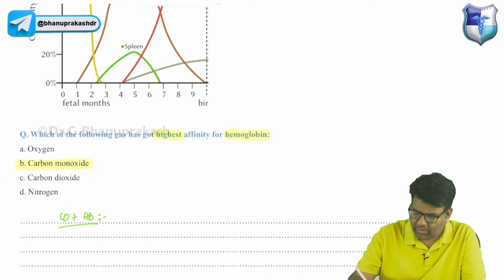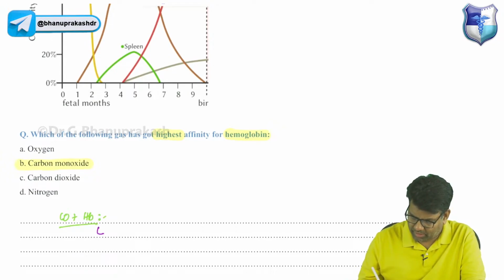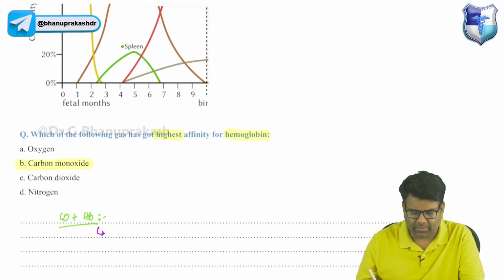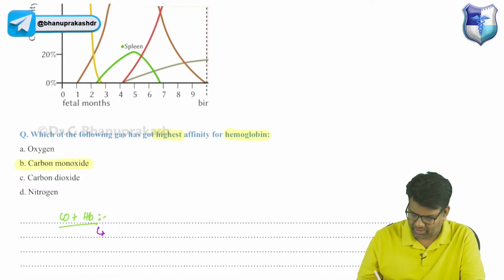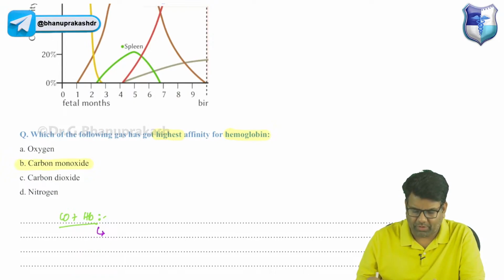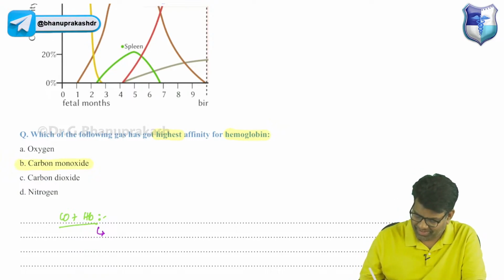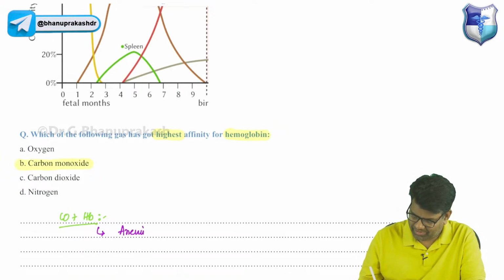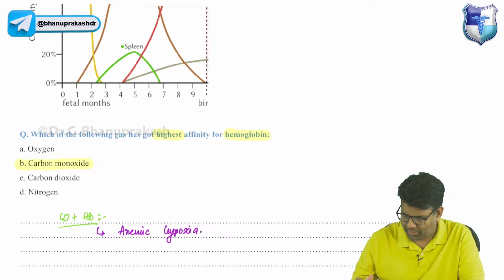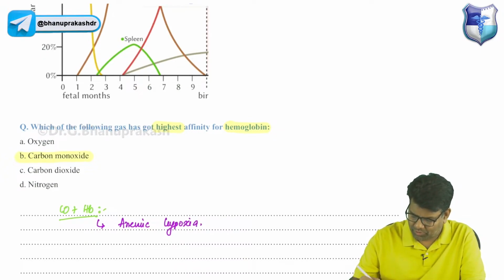And which kind of anemia will this result in? What kind of anemia will you find? Any idea? This is which type of hypoxia? This is anemic hypoxia. And why am I saying so?